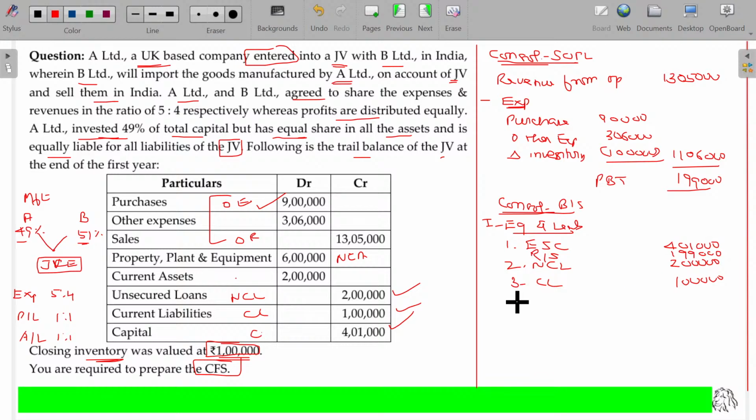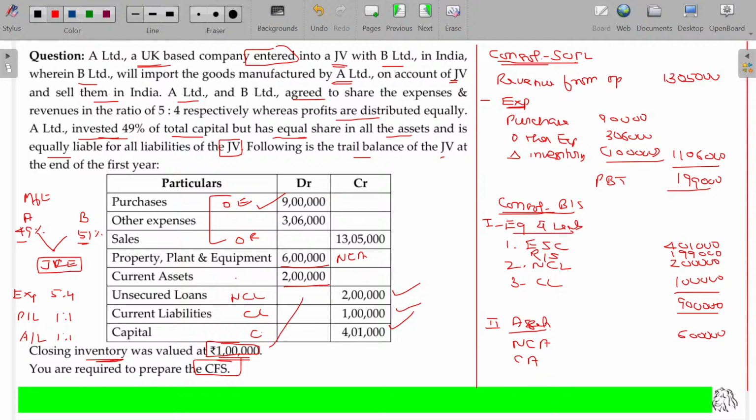Then what is the total of the liability side? Is it 9 lakhs? Second being assets: non-current assets 6 lakhs, and current assets 2 lakhs.